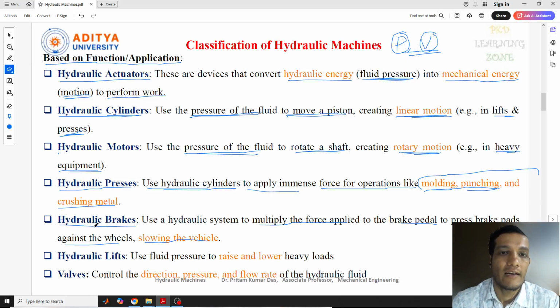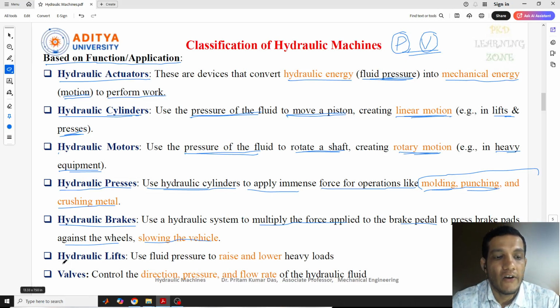Here we need to consider the Pascal's law concept: when you apply pressure on the brake pedal, equal pressure will be distributed in all directions, to all the wheels equally, so that the vehicle will be stopped.